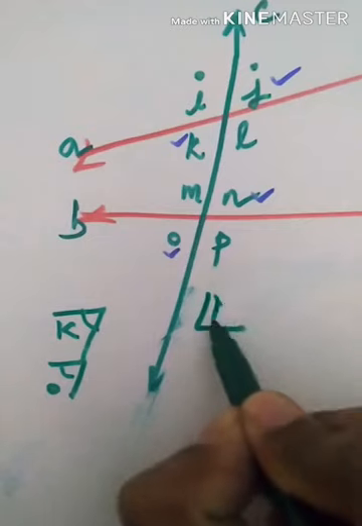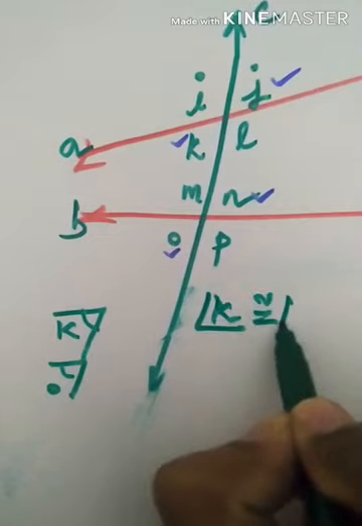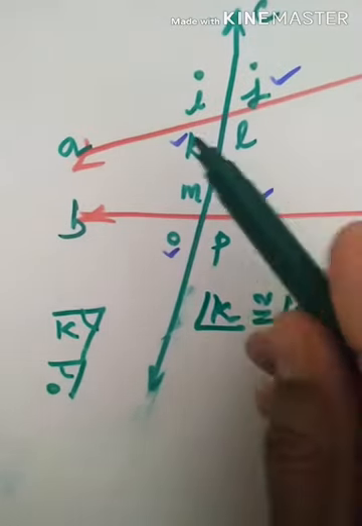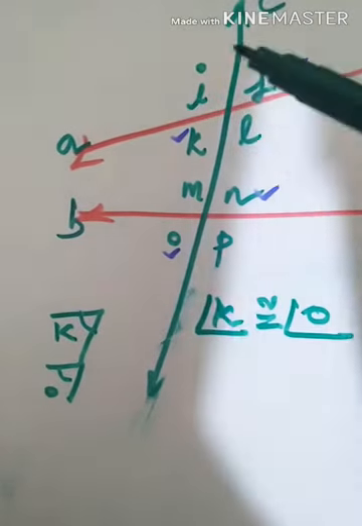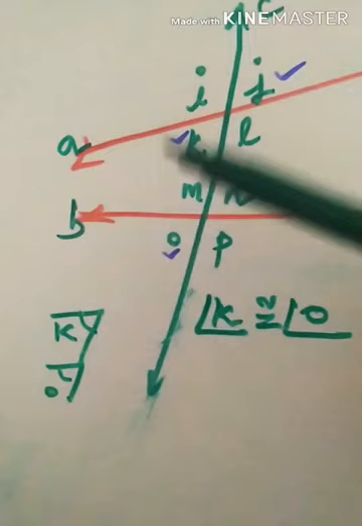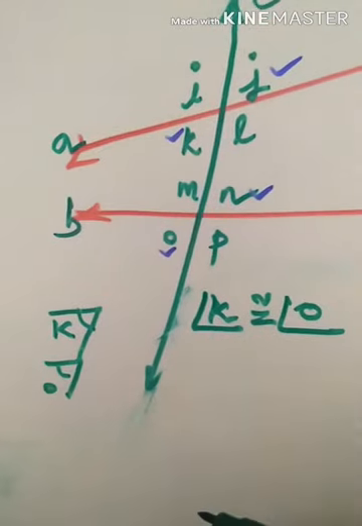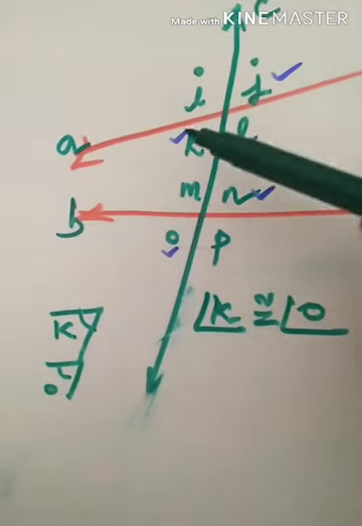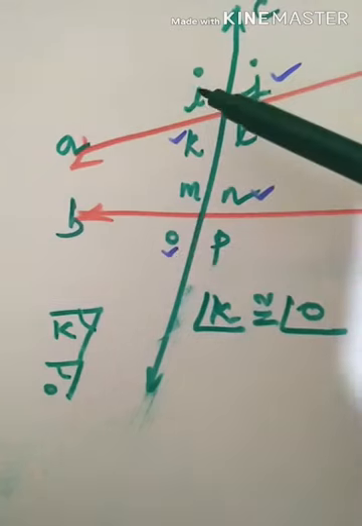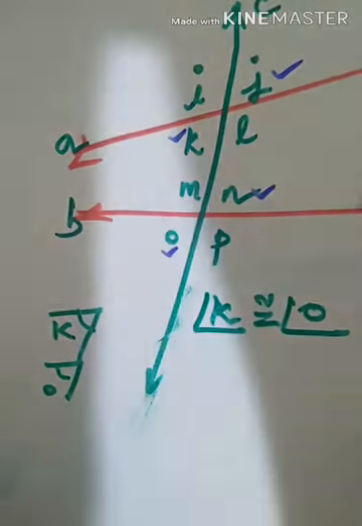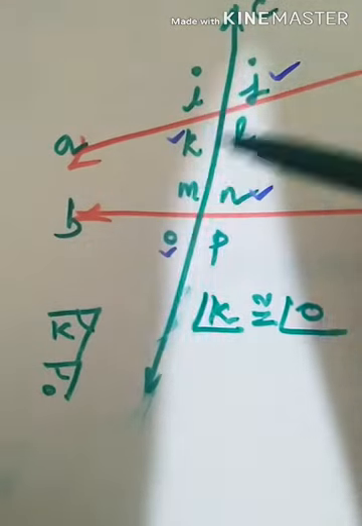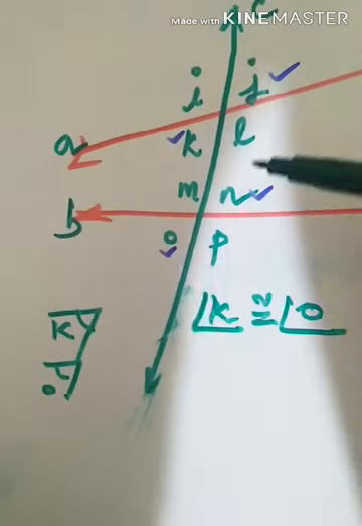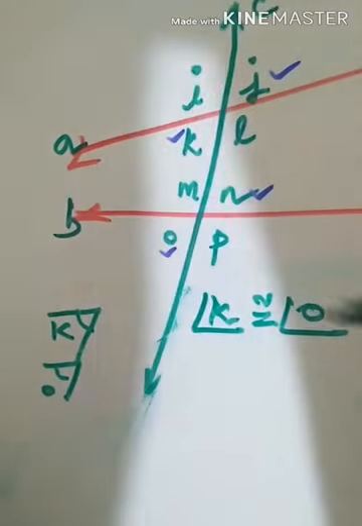Suppose angle K is given congruent to angle O. If one pair of corresponding angles are congruent, then the remaining all pairs of corresponding angles will be congruent. That is, I will be congruent to M, J will be congruent to N, L will be congruent to P.